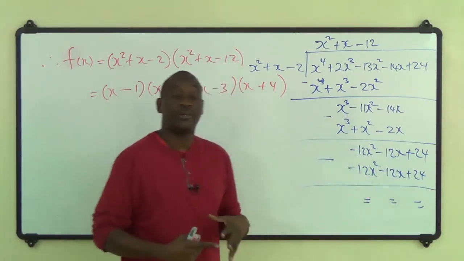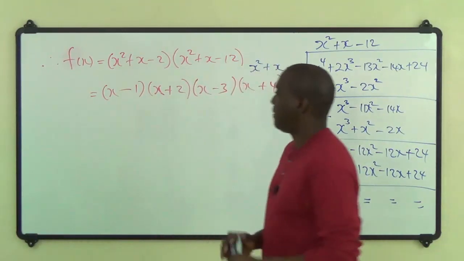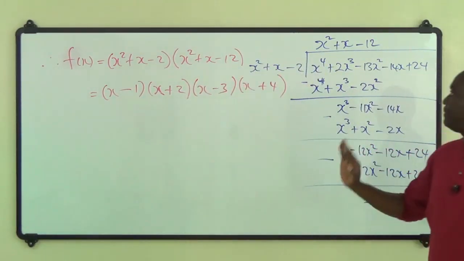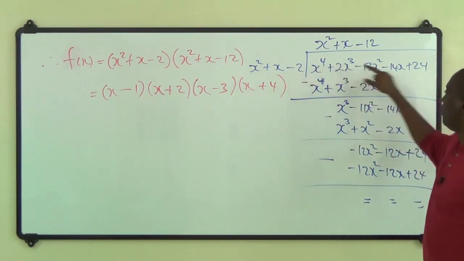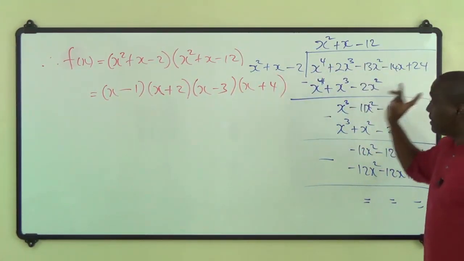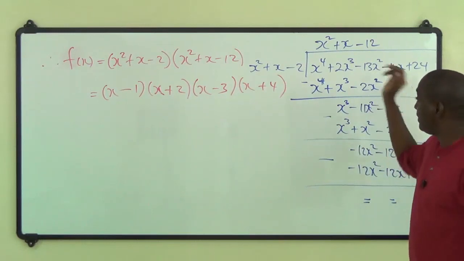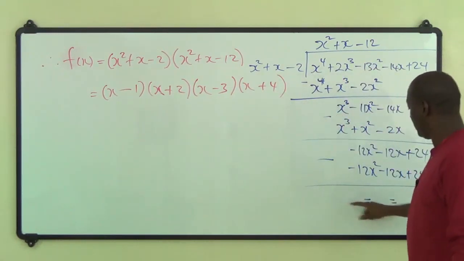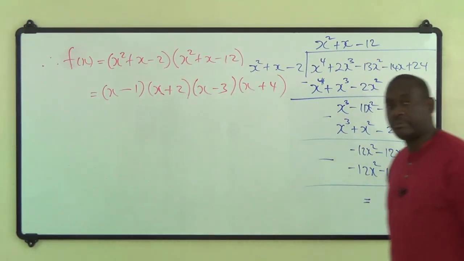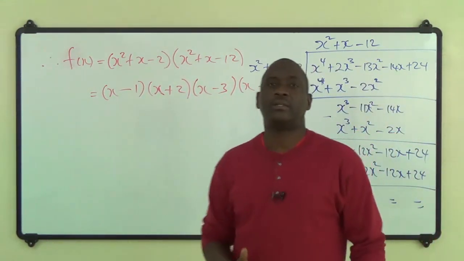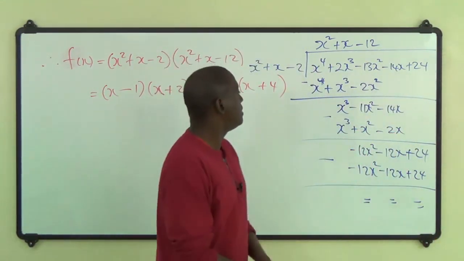The nice thing about the question though is that they would have told you from the beginning that x squared plus x minus 2 is a factor of all of this. Which means that if you're dividing this by this, you're not supposed to get a remainder. If you get a remainder, you know immediately that you made a mistake somewhere.